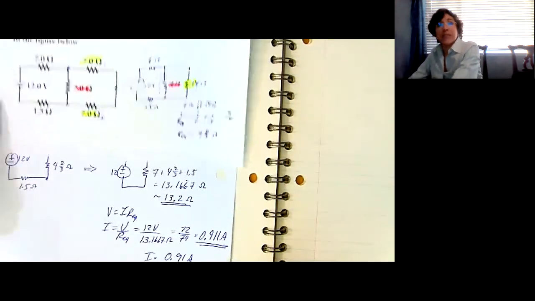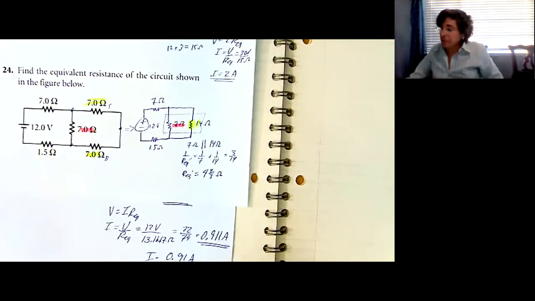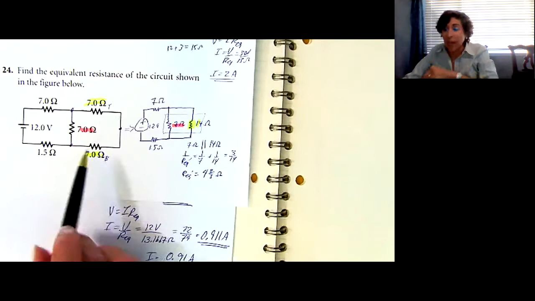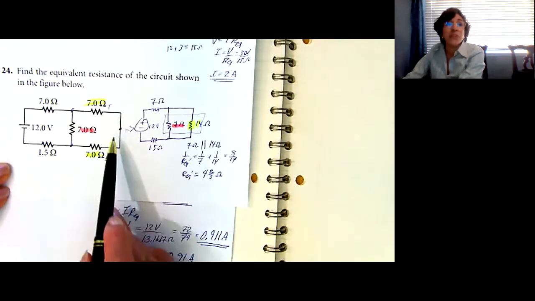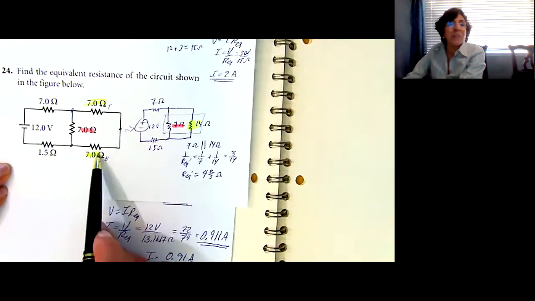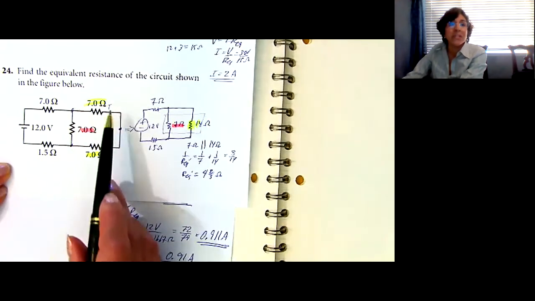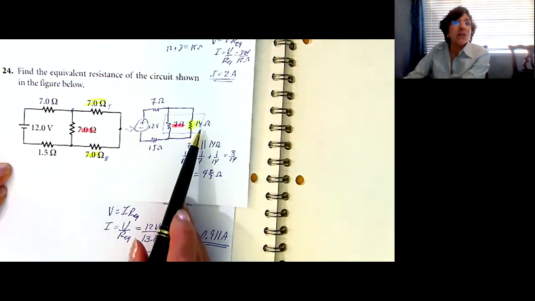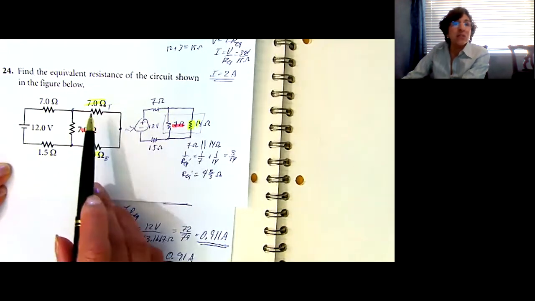So let's take a look at this again. In summary, this was the circuit that they gave us, and we have to analyze it and recognize that these outer 7 ohm resistors, the top and the bottom, are in series. If they're in series, then I can smash them together and add them up, and they're 7 plus 7, 14 ohms. Then I recognize, oh, look at that.